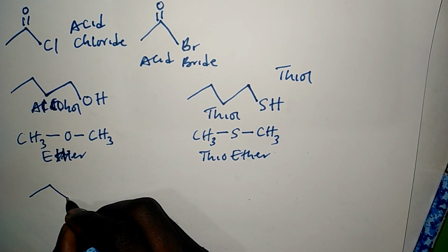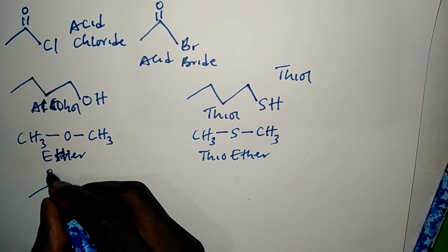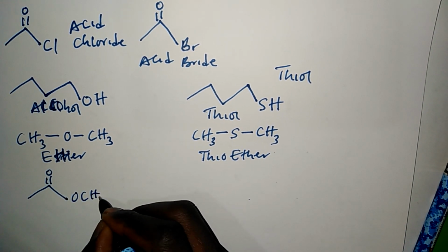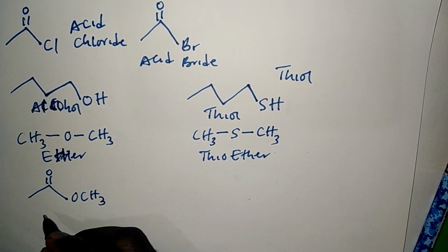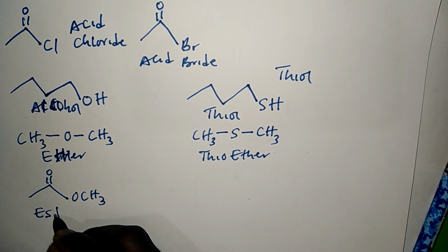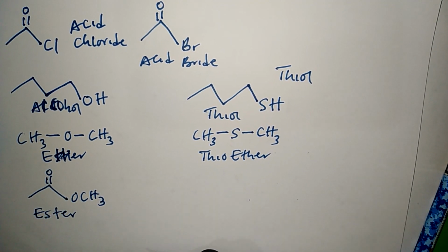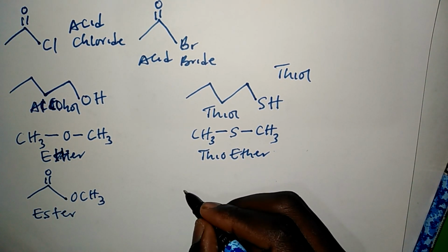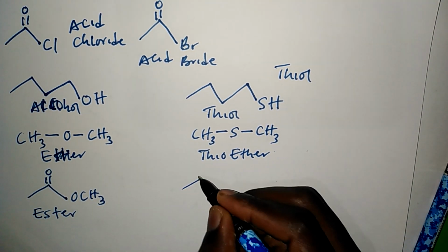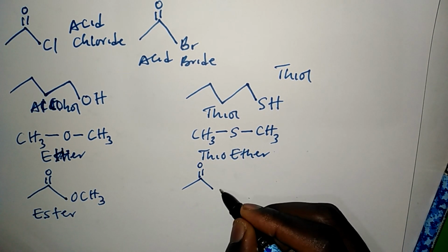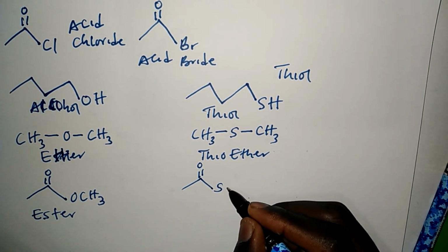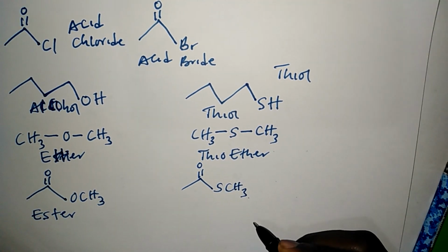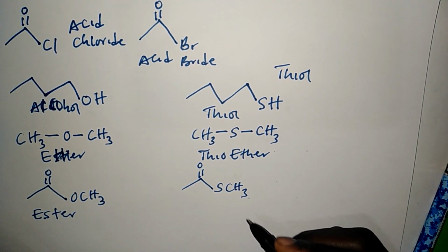Now, let's take another example. Let's take an instance of an ester. We have an ester like this. This is an ester. Now, what if you replaced one of the oxygens, this particular one? Put the carbonyl, and replace this one with a sulfur.